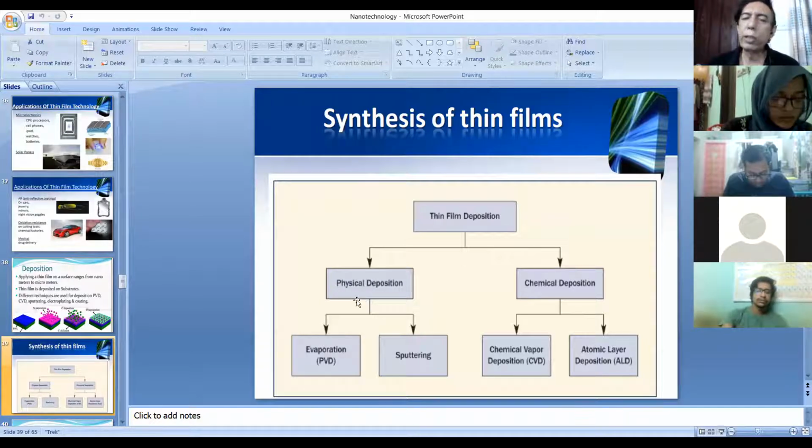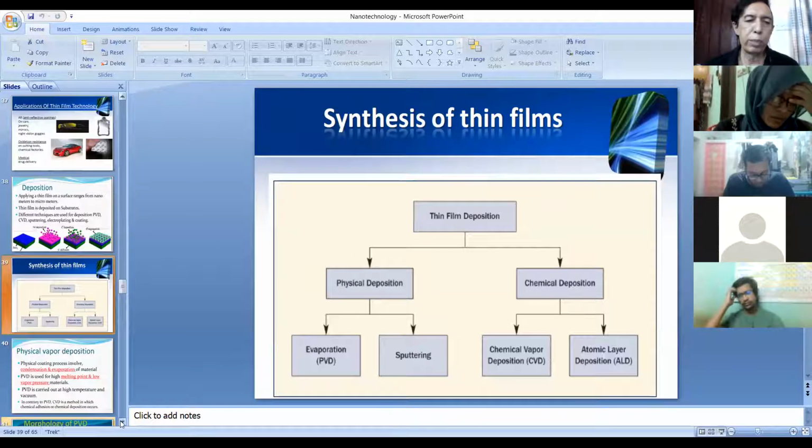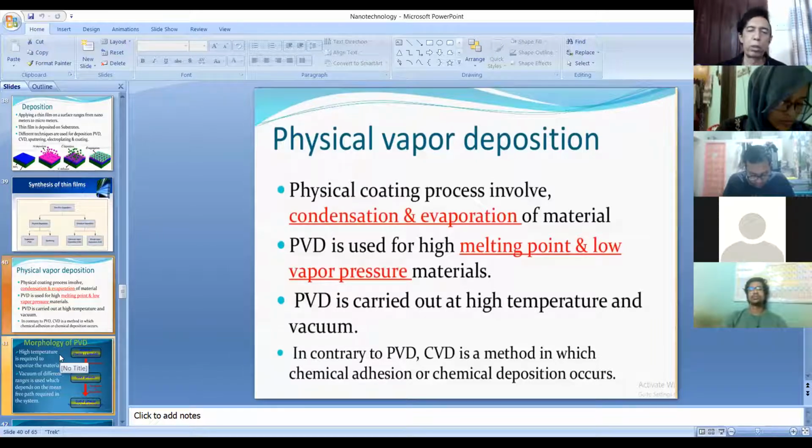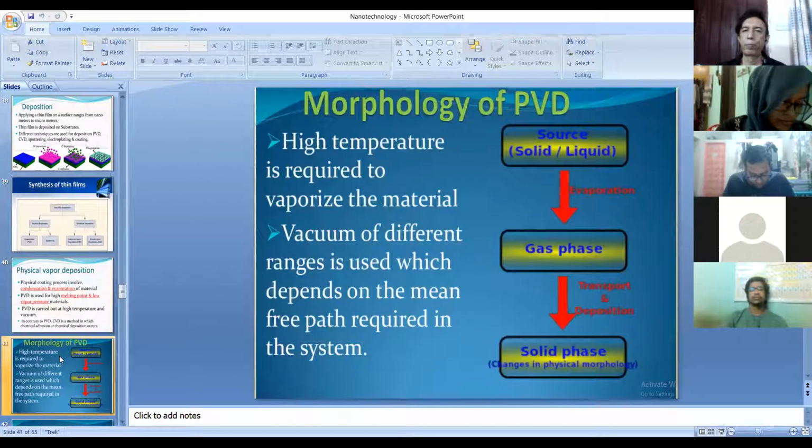Now, first we see the physical deposition. What is physical deposition? It is also called physical vapor deposition. So what we have to do? We have to vaporize first. If you see this slide, say for example, this is a source of material.